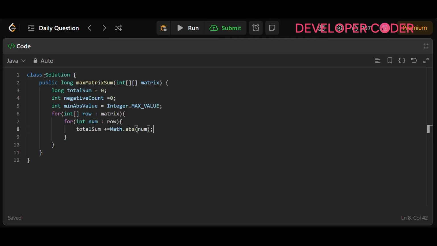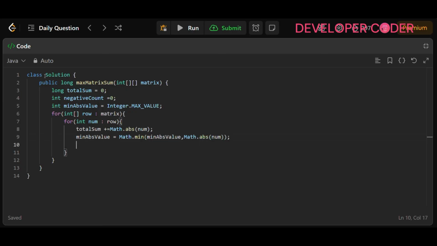Minimum absolute value I have to calculate side by side as well. So minimum absolute value is equal to Math.min of minimum absolute value and Math.abs of that particular number.